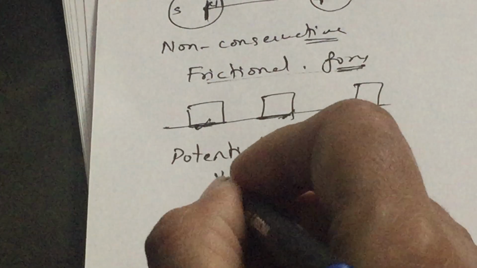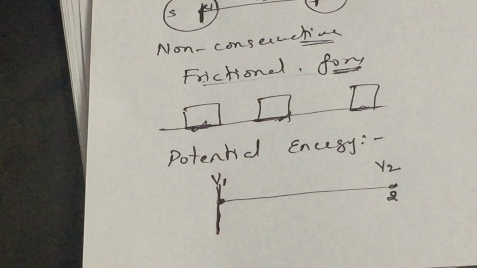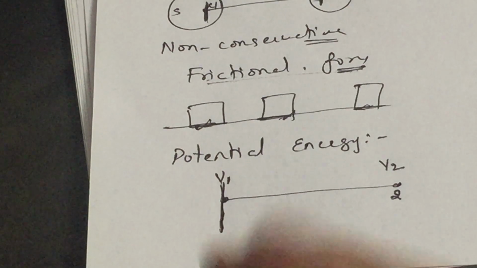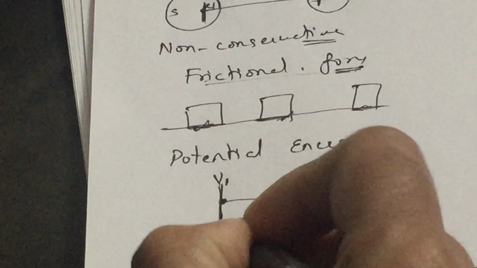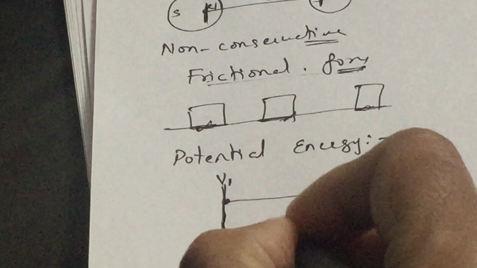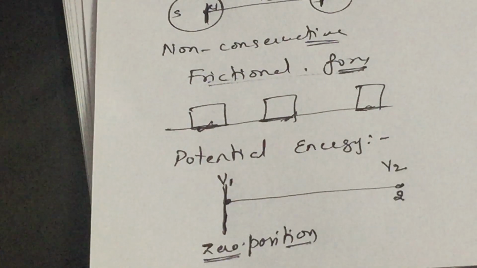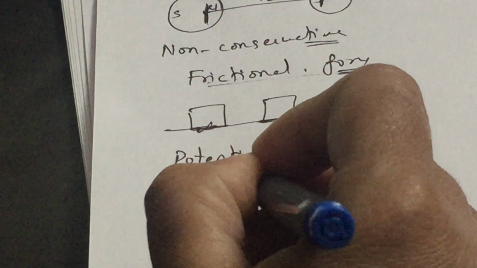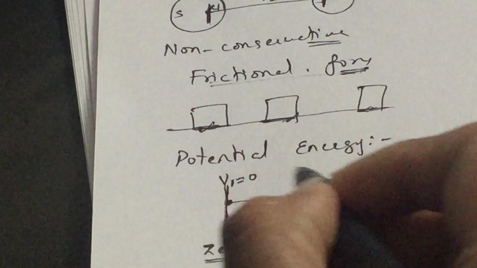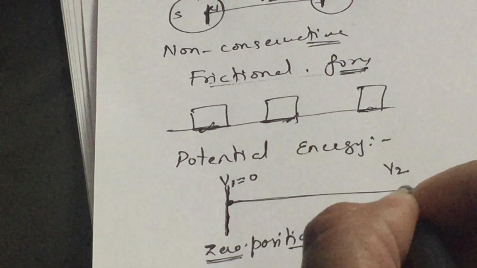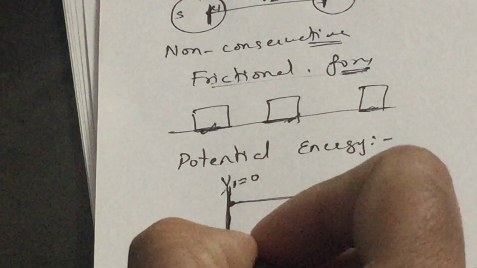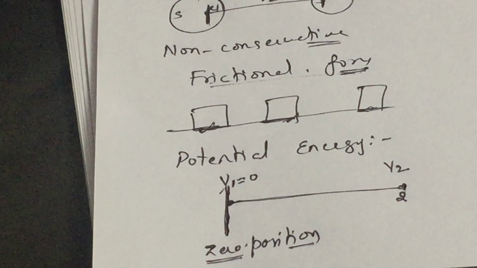Sometimes this point is taken as a reference point, known as the zero position point. If this is considered the reference point, at this position we consider that the potential energy of the particle is 0, and from this point we calculate the potential energy of the second position, taking this point as the reference point.